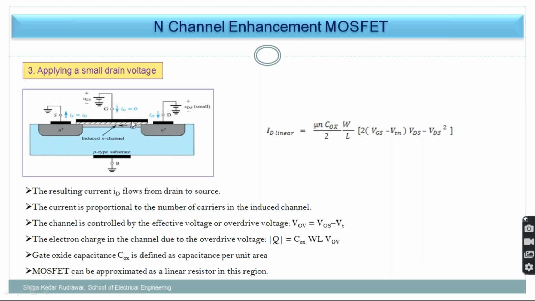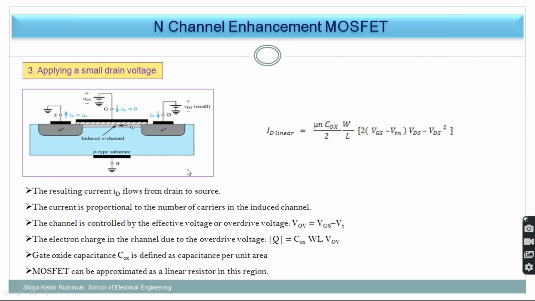Oxide capacitance. Because of this SiO2 layer, what is the oxide capacitance? That is there. W and L, the width and length of this device, and VOV, that is the effective voltage that is given. So charge is directly proportional or equal to C into V. The gate capacitance COX is defined as capacitance per unit area, that you already know.